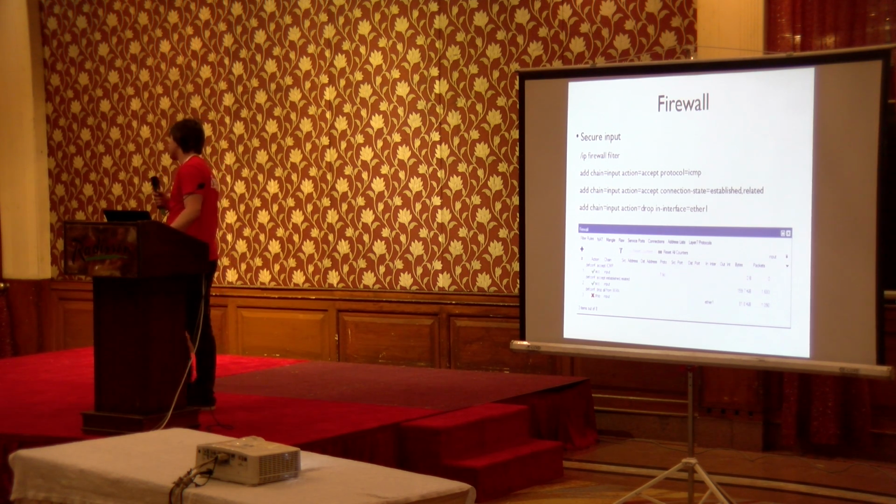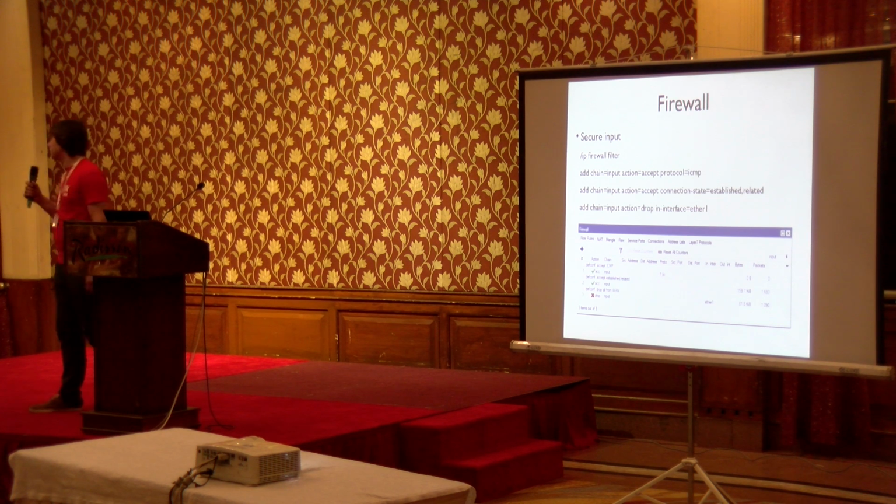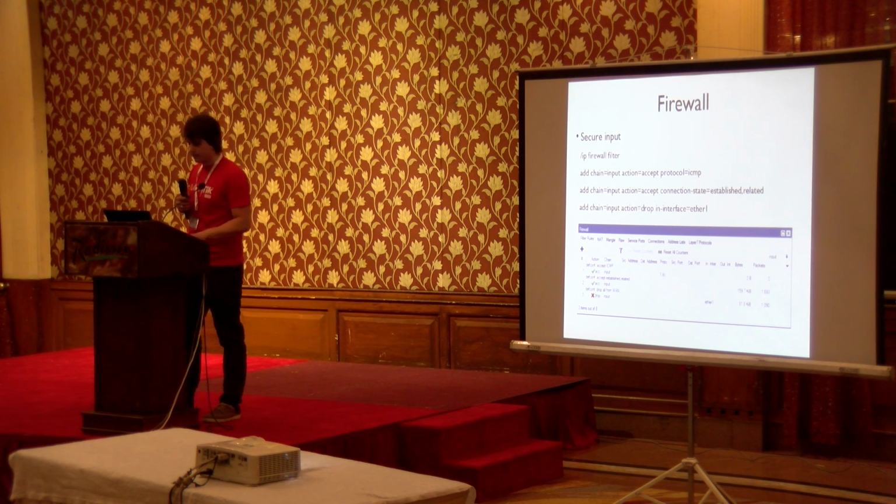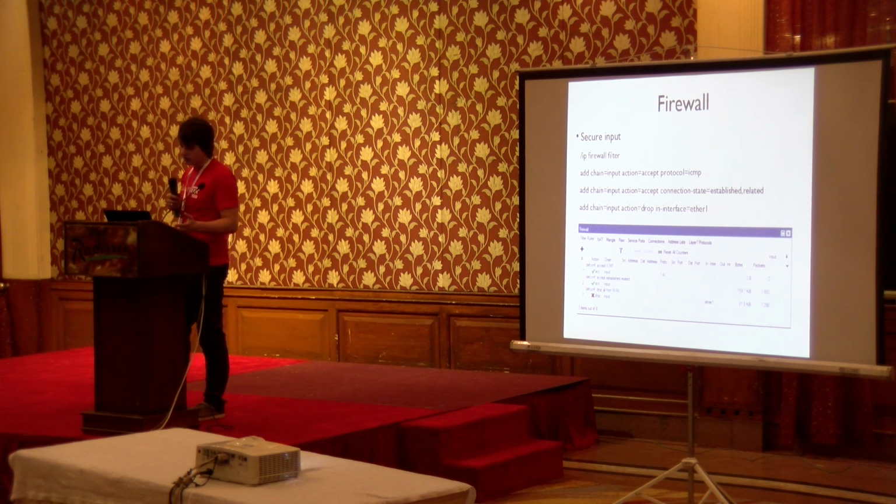And this means that no new or no established connection can be made from the Ethernet 1 because we have this one rule that blocks everything. And as optional firewall rule, you can use the ping accept rule, but this depends on you. You can allow or you can block this.